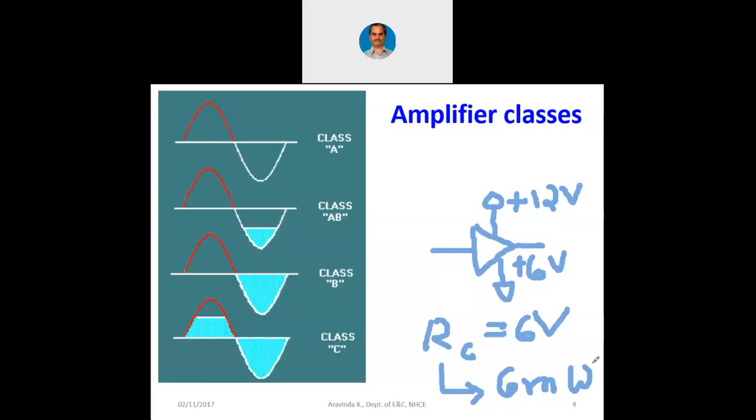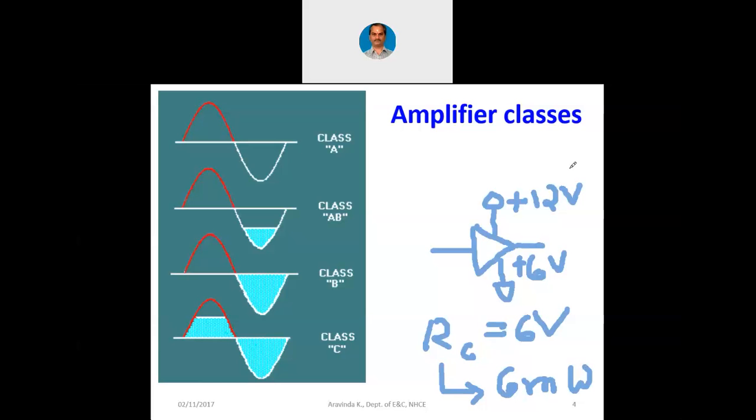But now, even when the input signal is absent, we have power consumption in the amplifier. Now, why is it called static power? Because even when the signal is absent, the circuit is drawing power. That is what is called static power consumption. When the signal is present, if it is drawing power, then we call it dynamic power consumption. Now you can see 6 milliwatt is always present here.